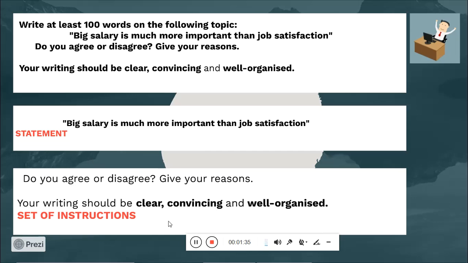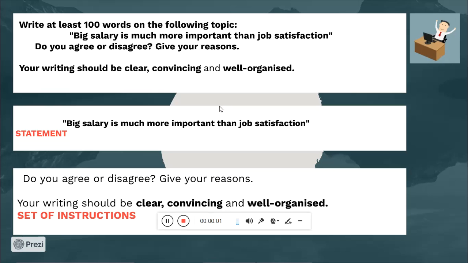Give your reasons. Your writing should be clear, convincing, and well organized. Remember, my student, in this question, you have got only two choices, whether you agree or don't agree. You cannot say that you partly agree. Your opinion must be super clear.